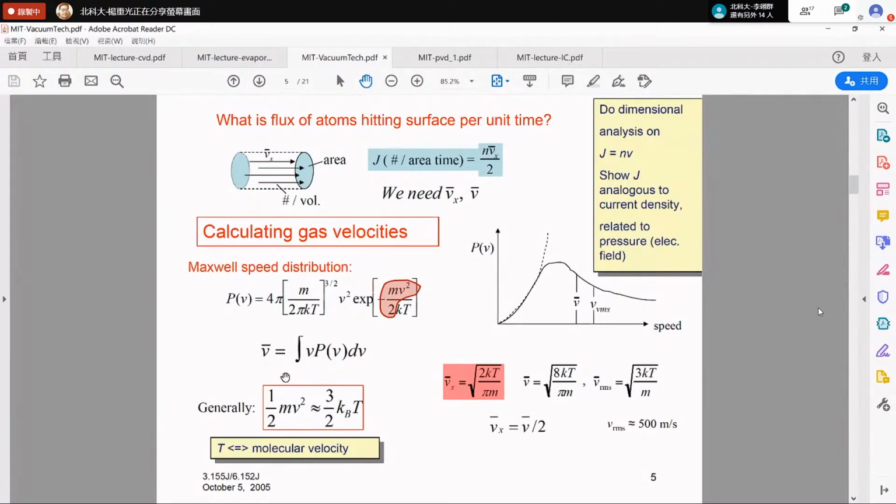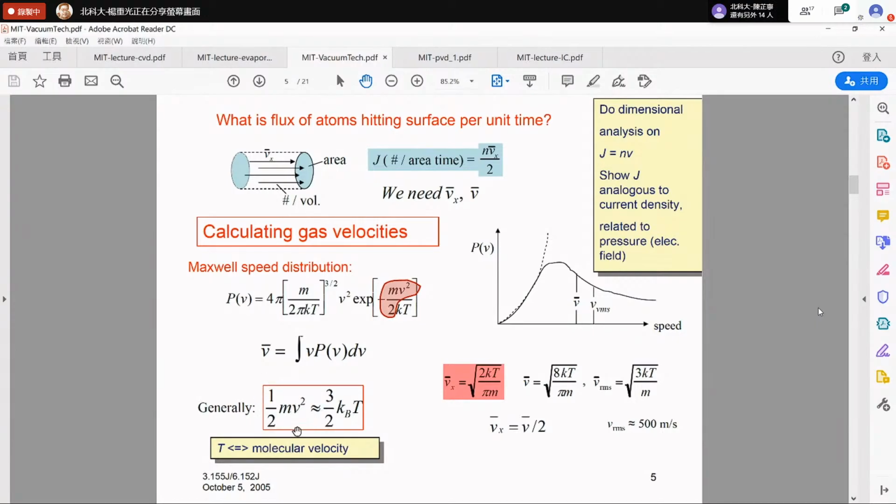When you integrate the Maxwell speed distribution with its velocity, you get kinetic energy equal to 3 divided by 2 kBT. I think in college we have understood this is calculated by Newton's law.